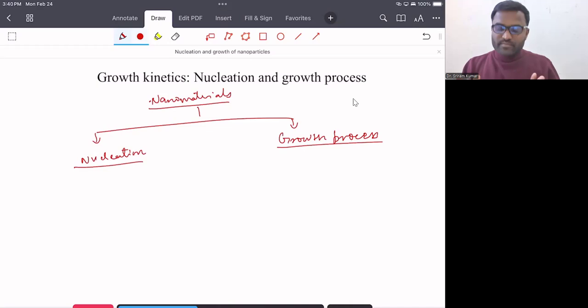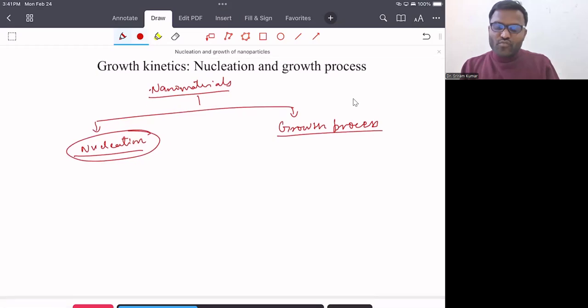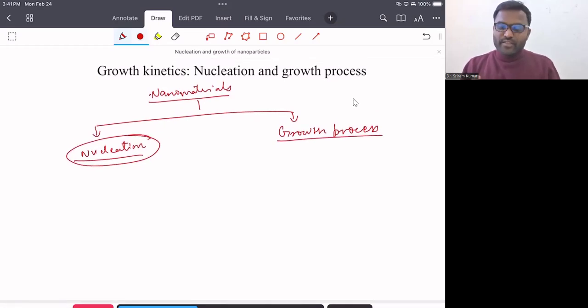In this class, we will learn about the thermodynamics and kinetics of the nucleation process and the growth process. The nucleation process is the first phase, in which a new thermodynamic phase forms in the process of nanomaterial synthesis. Suppose we have a metal salt in the liquid phase.